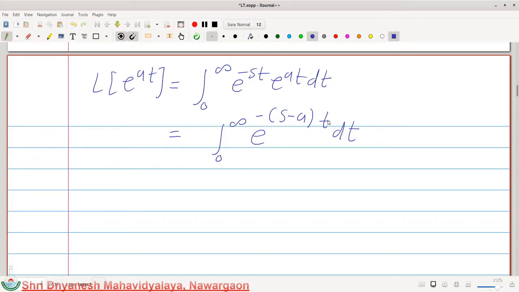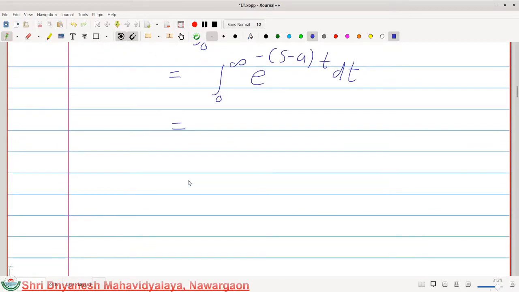Okay, and do the integration. What is the integration of this? This is e to the power minus s minus a t upon the coefficient of t, that is minus s minus a, limits 0 to infinity, which then equals minus 1 upon s minus a, this function at the upper limit minus this function at the lower limit.